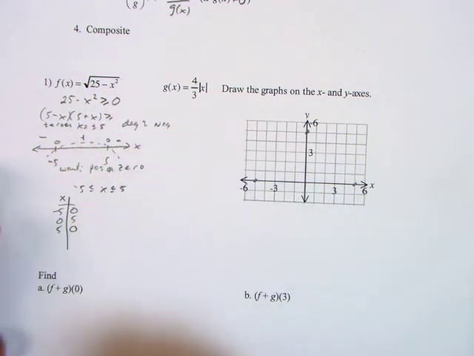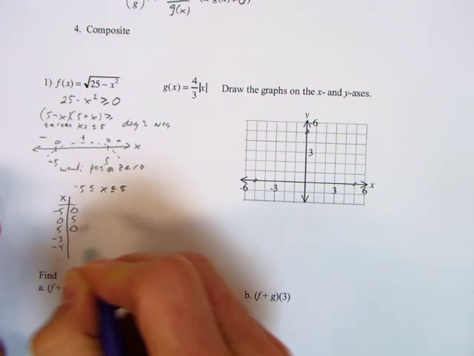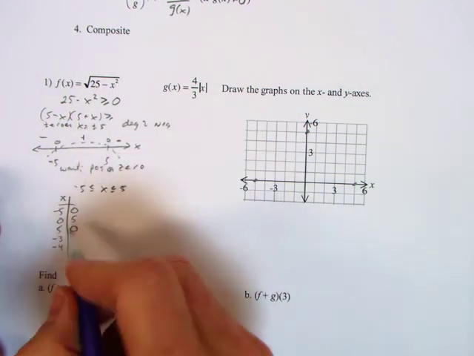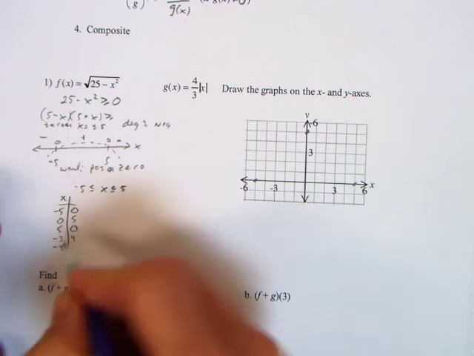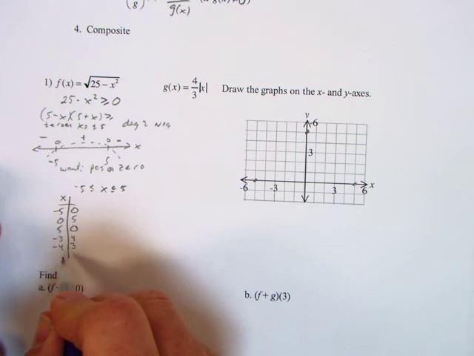If you think about it, there's a couple numbers that are nice. One would be negative 3 and negative 4. If you plug in negative 3, we'll have 25 minus 9, which is 16, and that'll give us 4. And if we do plug in negative 4, we'll get 25 minus 16, which is 9. And similarly, if we plug in positive 3 and positive 4, we'll get those same values.